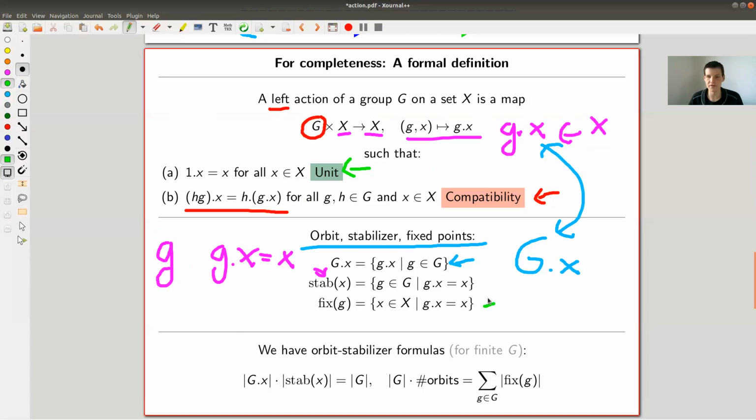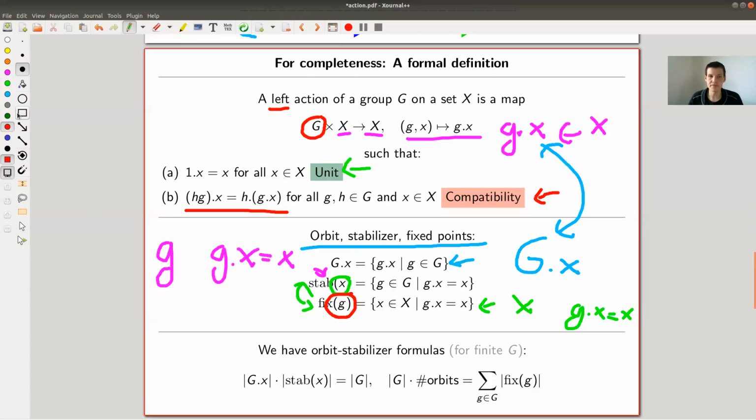Similarly, the fixed points are all x which are fixed by your preferred g. Those two are really just the same. The difference is either you want to fix x or you want to fix g. Looking for fixed points is always a good idea, not just in mathematics, but really always. What is fixed is usually an important part of the whole game.